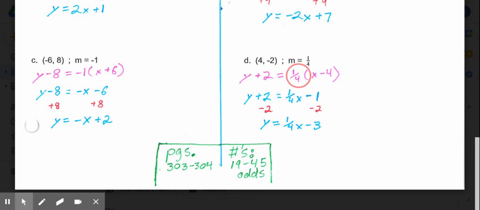Now we need to distribute the 1/4 times x and the 1/4 times -4, which gives us 1/4 x minus 1. So we have y plus 2 equals 1/4 x minus 1. Get rid of the adding 2 on the side of y, so subtract 2 from each side, and y would equal 1/4 x minus 3.